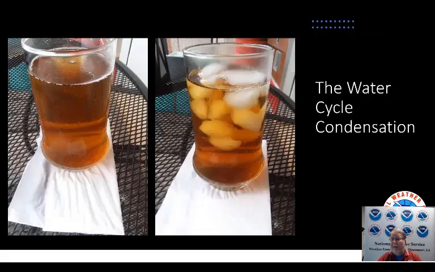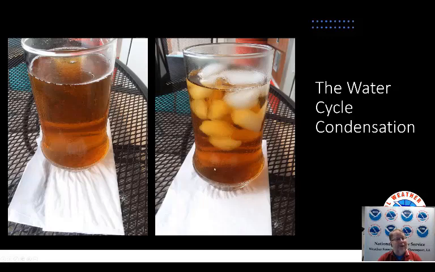And I'm sure that a lot of you are familiar with what we're going to see on our next slide. Here, we have a couple examples of some condensation that happens quite frequently in our area. You take that glass of iced tea out on the porch, and you set it down, and if you look closely, there are some little water droplets on the outside of the glass, and you can even see on the napkin down here, there are some more water spots.